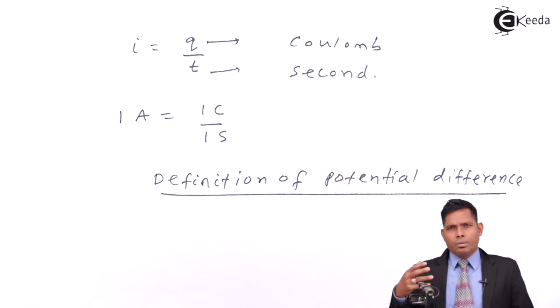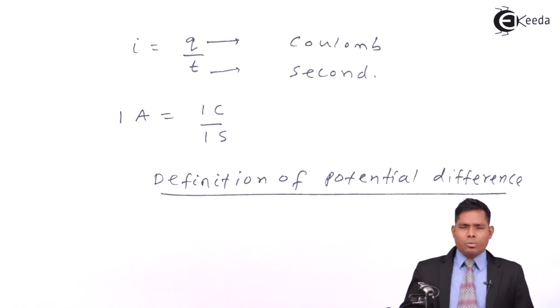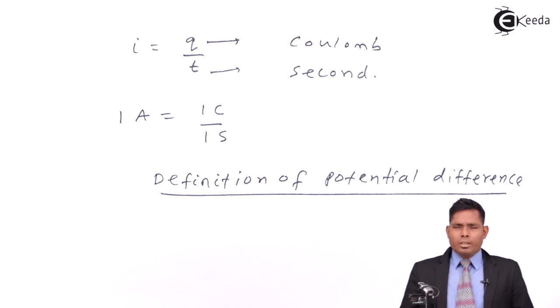In case of Earth, the gravitational field is because of the huge mass of the Earth, which is nearly 6 into 10 raised to 24 kg, and because of its very heavy mass, it has a gravitational field which is significant.